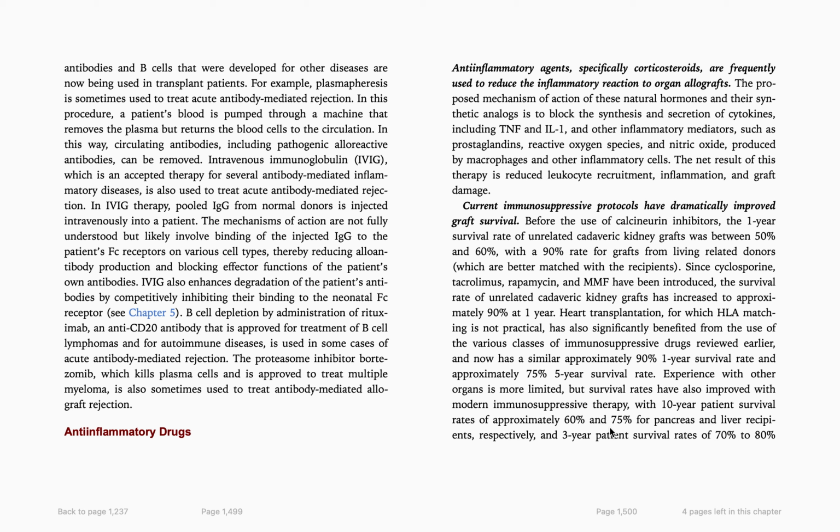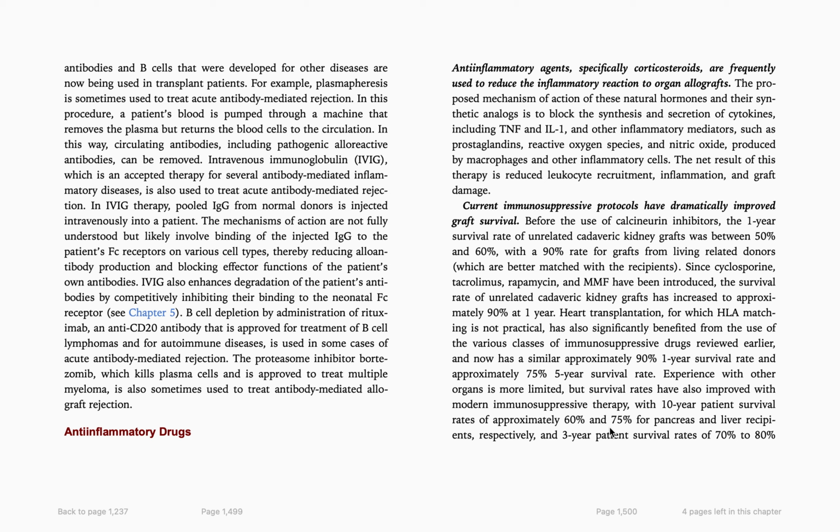The mechanisms of action are not fully understood, but likely involve binding of injected IgG to patient Fc receptors on various cell types, thereby reducing alloantibody production and blocking effector functions of the patient's own antibodies. IVIG also enhances the catabolism of the patient's antibodies by competitively inhibiting their binding to the neonatal Fc receptor.